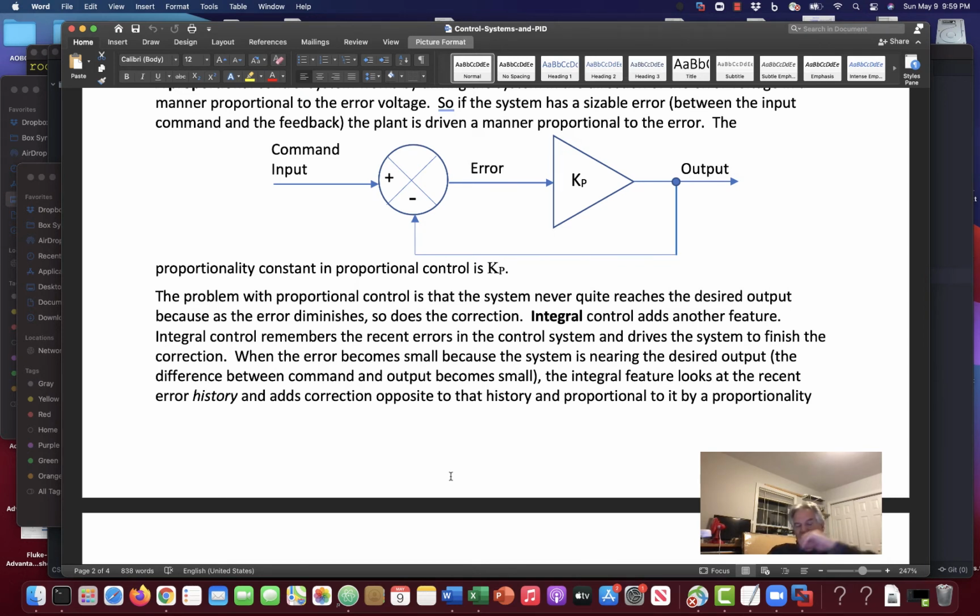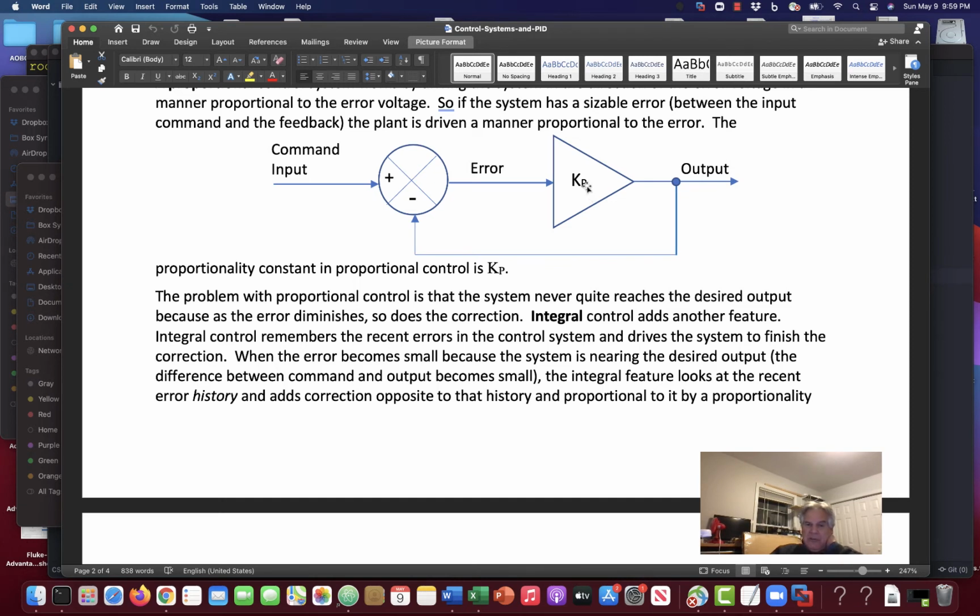So if this drive system has too much gain, it'll take a long time, and it can even go unstable in some circumstances. So the output will be just searching back and forward.